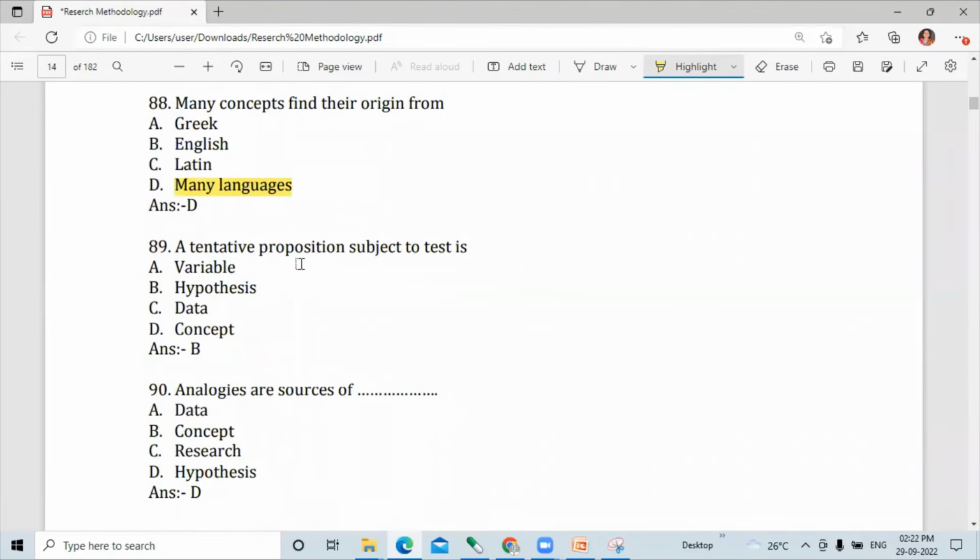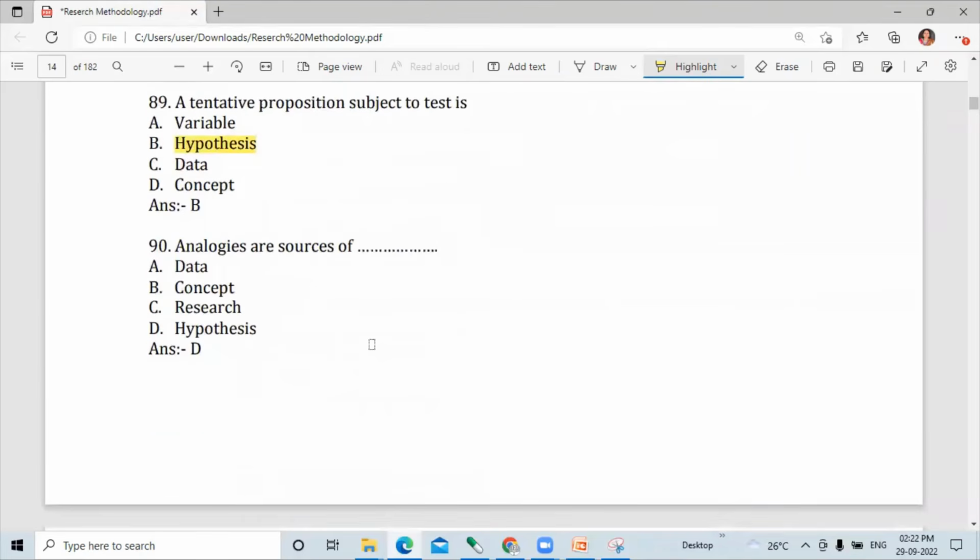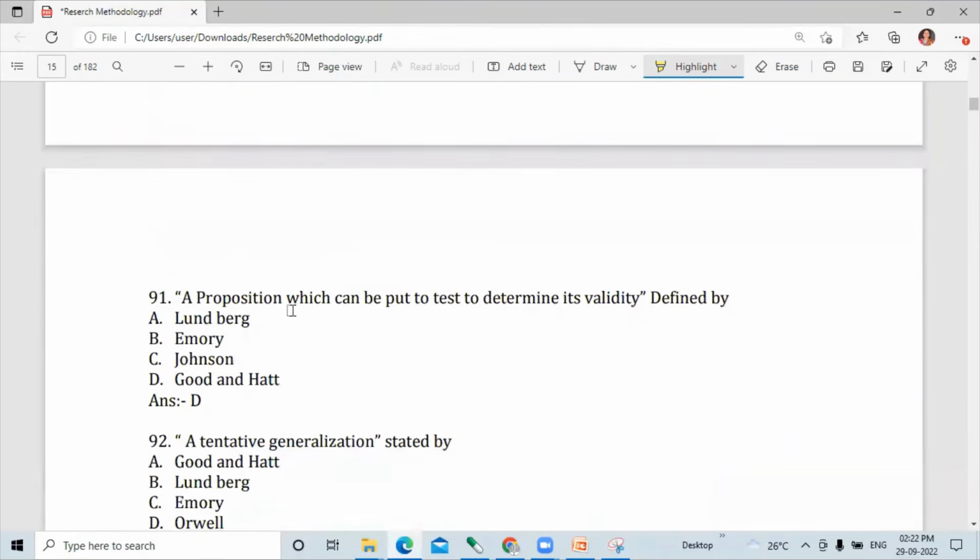A tentative proposition subject to test is what? The answer is hypothesis. Next question is analogies are sources of what? Analogies are sources of hypothesis. Next question is a proposition which can be put to test to determine its validity.